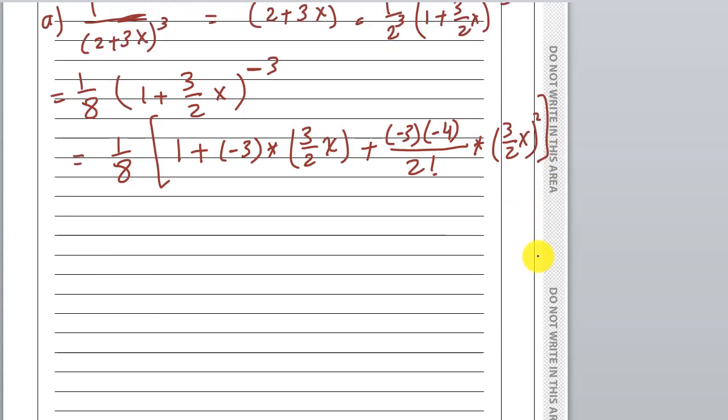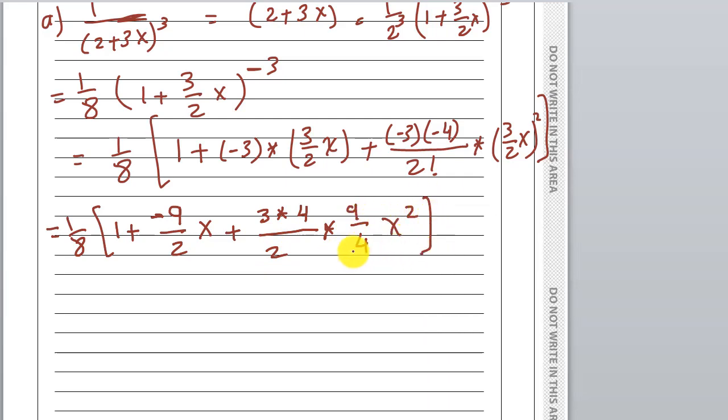And this is the end because we need x power 2. So 1 over 8, 1 plus minus 9 divided by 2 x, now minus minus plus 3 multiplied by 4 divided by 2 multiplied by 9 divided by 4 x squared.